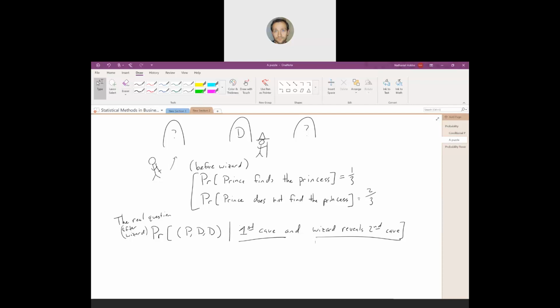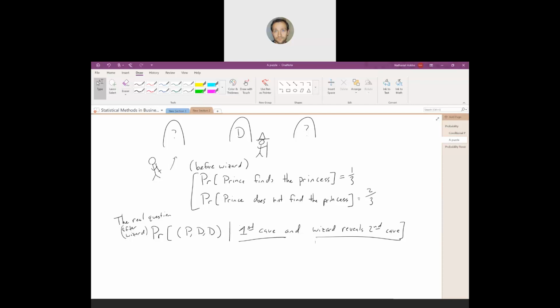Again, it doesn't really matter, so we'll just say that he reveals the second cave. He's going to reveal either the second or the third cave, given that the knight chose the first cave, so he's arbitrarily deciding the second cave. So in this example, the knight was for sure choosing the first cave, then the wizard for sure revealed a dragon in the second cave.